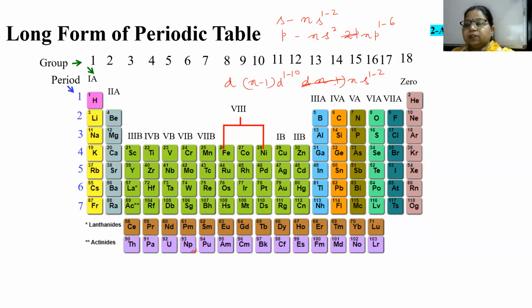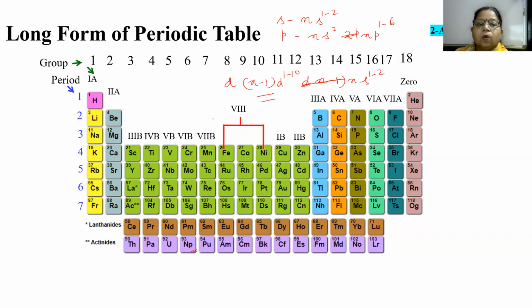Now, the electronic configuration suggests that S block and P block elements have only one shell incomplete. That is, their valence shell is incomplete. Whereas, in case of D block elements, they have 2 shells incomplete. Recall, in the last class when we talked about it, we understood that the D electron enters into the penultimate D orbital, right?